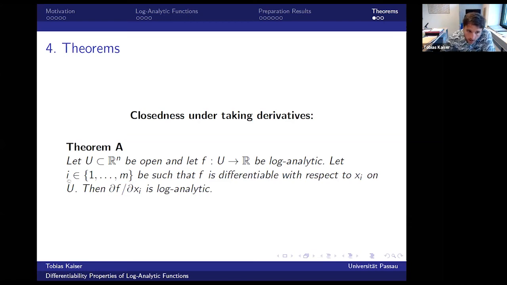Now let i be an index such that F is differentiable with respect to the variable xi on U, so that the partial derivative of F with respect to xi exists. Then this function is again log-analytic.